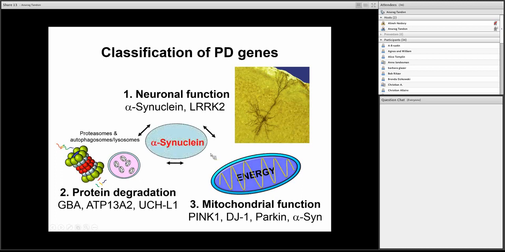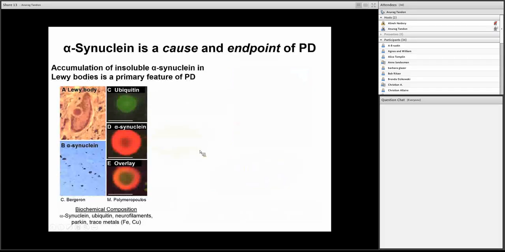However, regardless of which gene and which pathway is involved in causing PD, we know that alpha-synuclein is one of the endpoints. And for this reason, I like to call alpha-synuclein a cause and endpoint of Parkinson's disease. That's because we know that we always get an accumulation of this insoluble alpha-synuclein in Lewy bodies, as shown here.